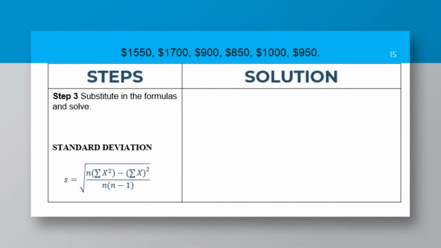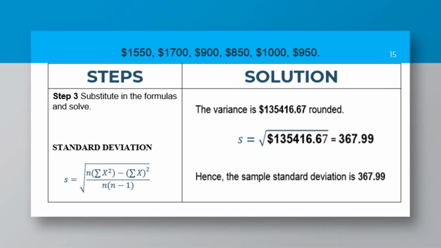And using the shortcut formula in finding the sample standard deviation, the sample standard deviation is equal to the square root of the variance, which is the square root of $135,416.67, equal to $367.99. Hence, the sample standard deviation is 367.99.